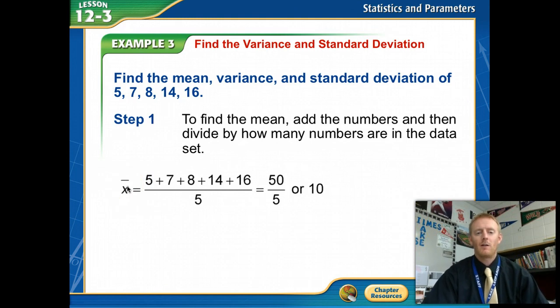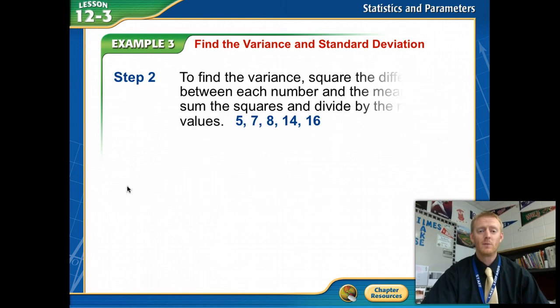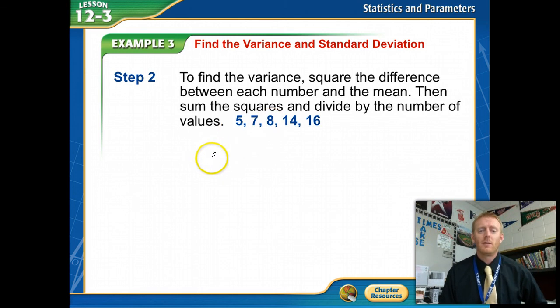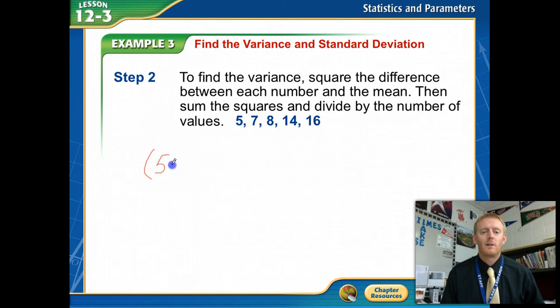Our mean, which is this symbol right here, x with a bar on top, is 10. So we will use this again to find the variance. Similar to the other process, we're going to square the differences instead of using the absolute value.